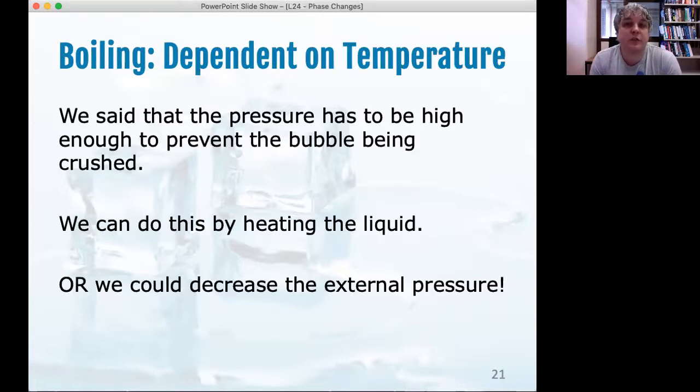If we reduced that atmospheric pressure that's pushing down on the surface of the liquid, then the pressure at the bottom of the pot is also going to be reduced. And that means the gas doesn't need to be quite as high a temperature, quite as strong a pressure, in order to be able to get up and escape the pot of water. So you could theoretically lower that boiling point by reducing the pressure.